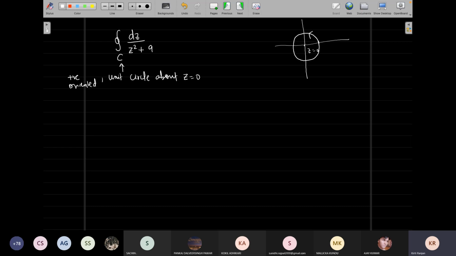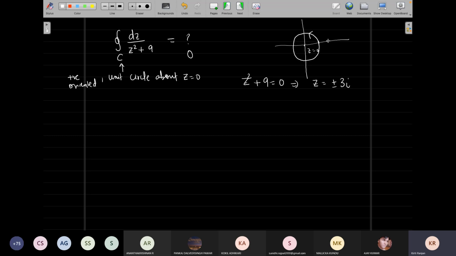If I ask you, what is the result of this integral of dz over z squared plus 9? What will you say? Zero. Okay, so you were saying 0, and why would you say that? Because the function is not analytic at z squared plus 9 equal to 0, but that point is not inside the contour. Exactly, it is outside the contour. Very nice. So as long as this function remains analytic inside and on the contour, we do not need to worry about anything else.